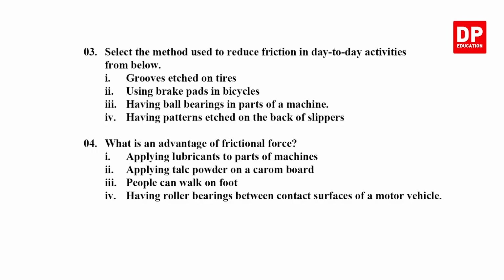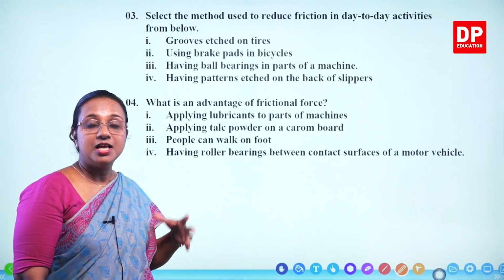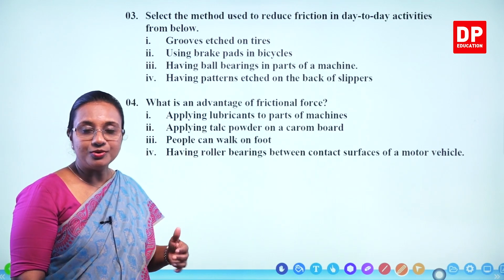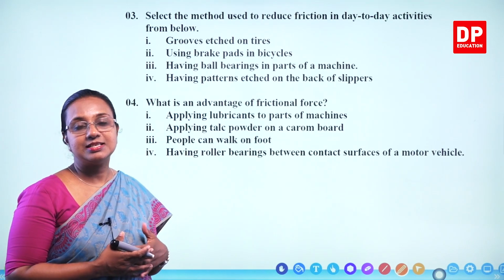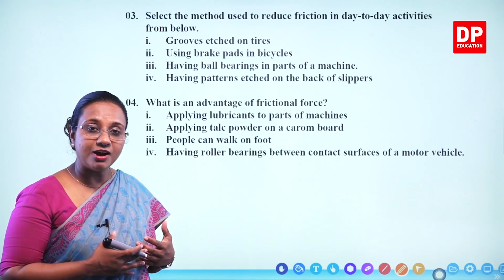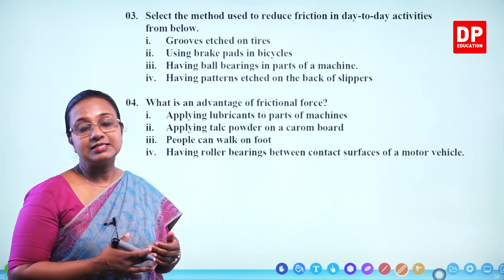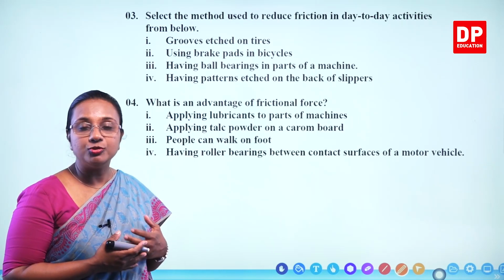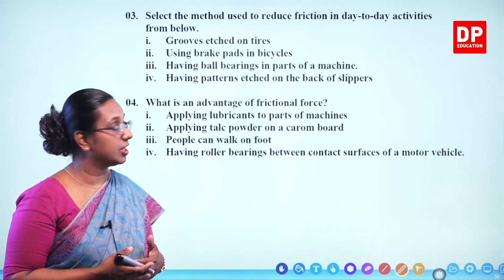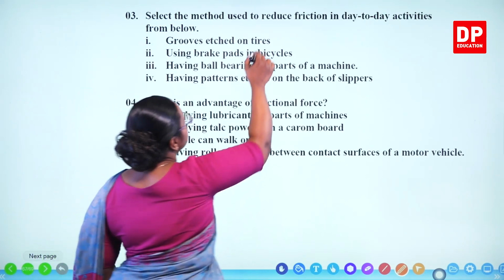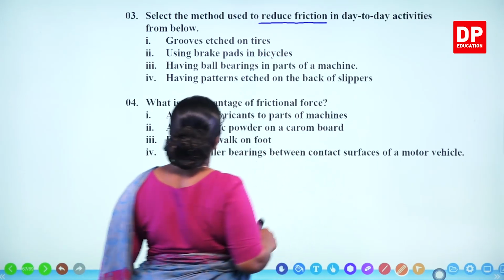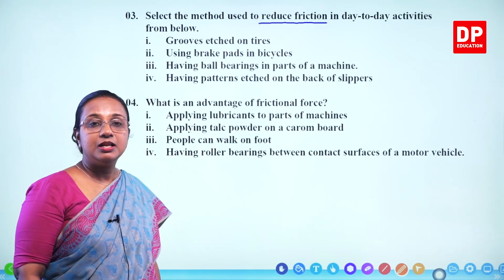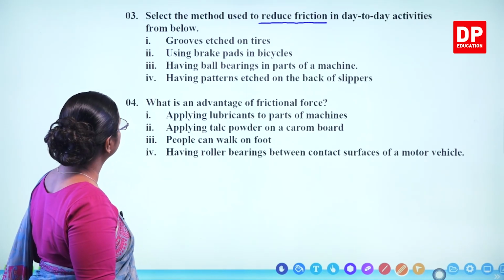Select the method used to reduce friction in day-to-day activities from below. So, students, you all know there are different instances where friction is an advantage and instances where it becomes a disadvantage. So we have to reduce that frictional force. So here also we need to find an instance or method used to reduce friction.